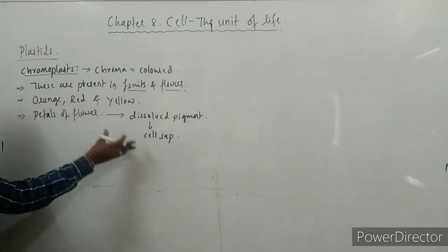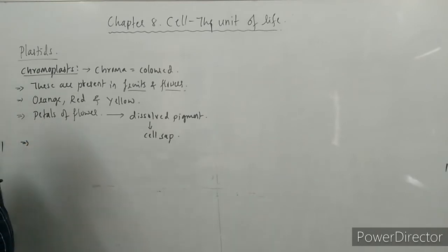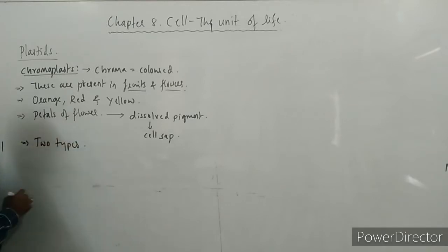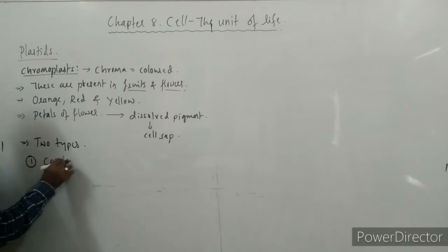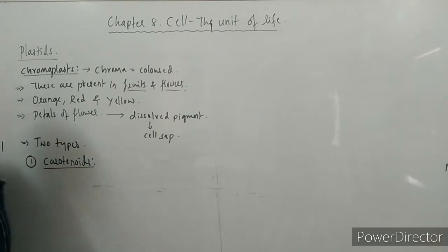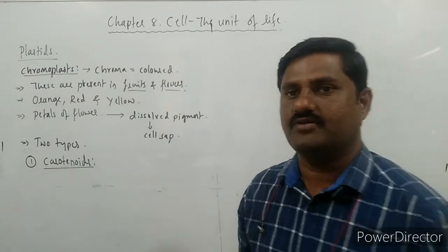And such chromoplasts are of two types that we come across. One is called carotenoids. Carotenoids are a kind of chromoplast that we come across here.